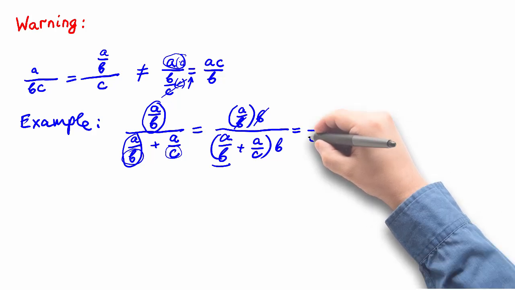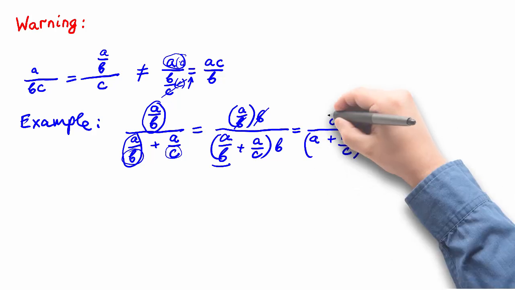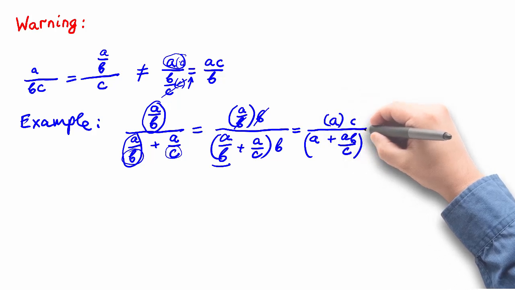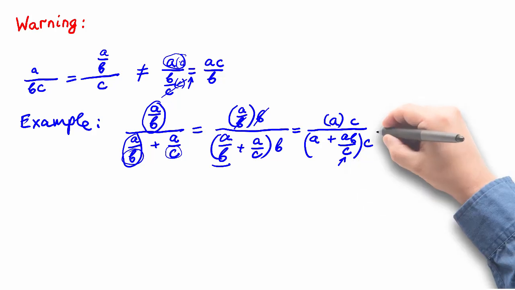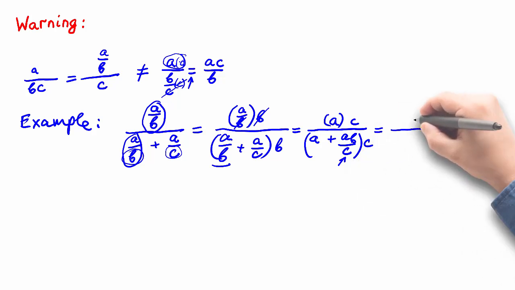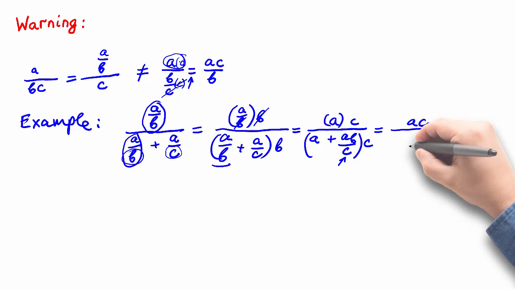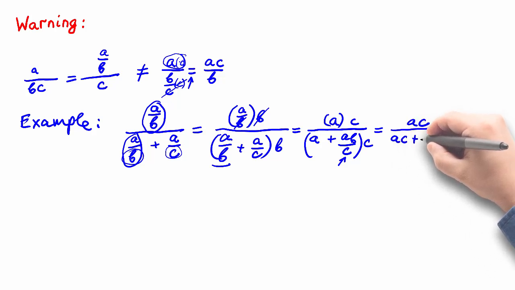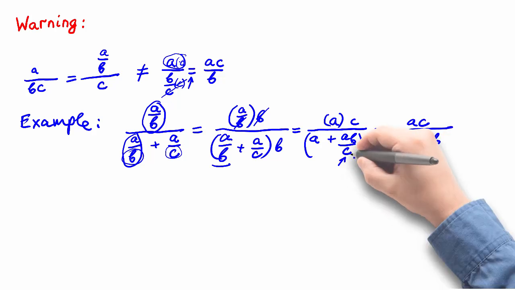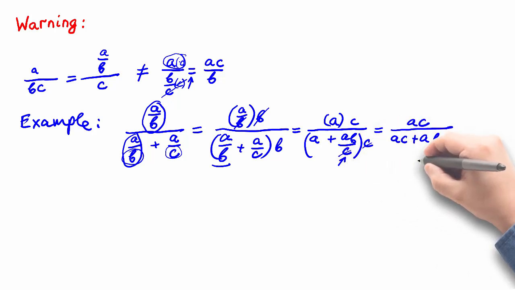Now I need to multiply numerator and denominator by c to get rid of that c. So this is what I will get: ac as numerator, and ac plus ab, because this c will cancel with this c.